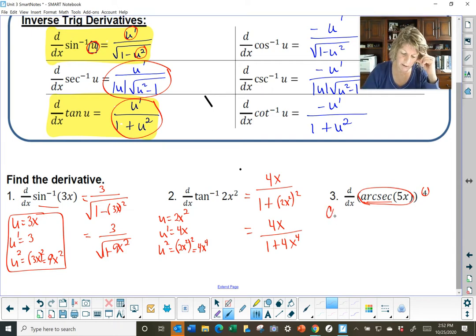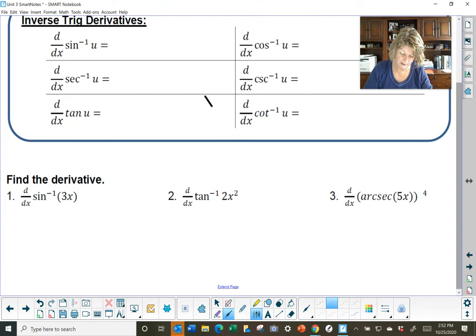So we've got a chain rule of arc secant, right? Is really what's going on in this one. So outer function, I'm going to erase so I have a little bit more space. Outer function is the 4.